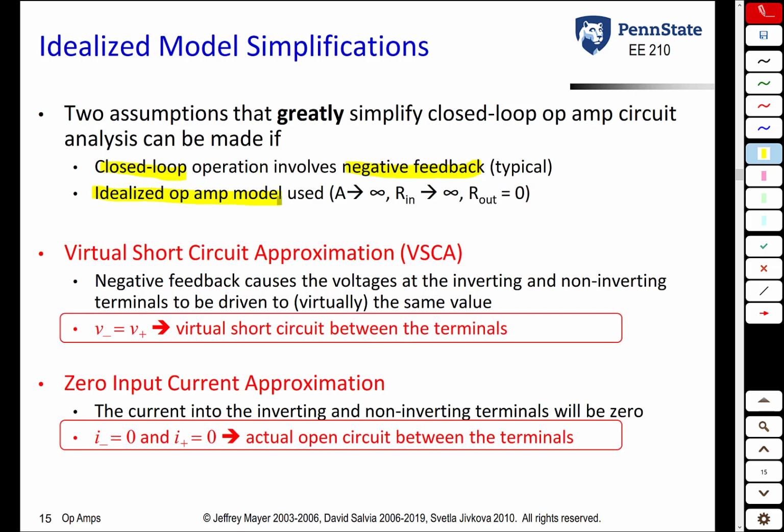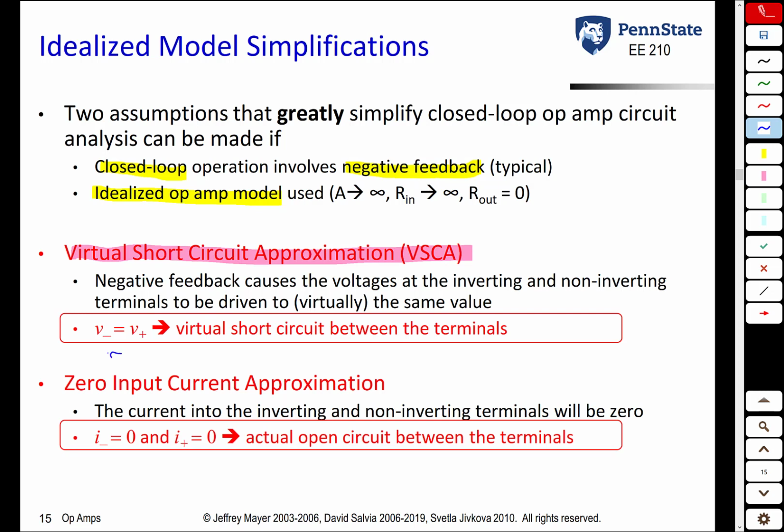The first of these is what we call the virtual short circuit approximation, or VSCA. What we're going to see here is that the feedback between the output of the Opamp and the inverting terminal of the Opamp causes the voltage at the inverting terminal to basically equal the voltage at the non-inverting terminal. In other words, V minus is going to be approximately equal to V plus.